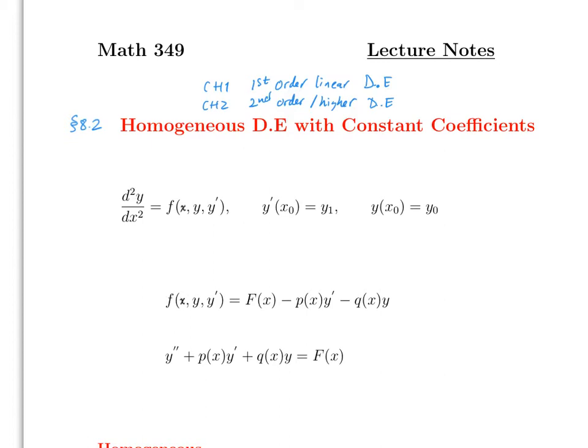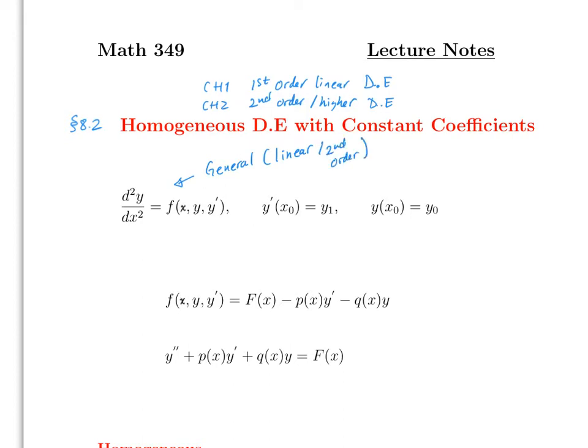In this section, we're going to focus specifically on second order differential equations, and this will be the general form. So it's going to look like this. So this will be the general. So it will be linear, and in this case, this one is second order.